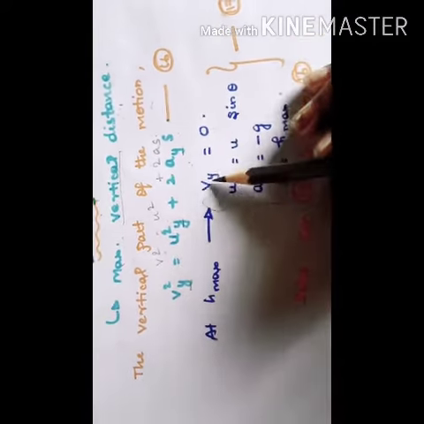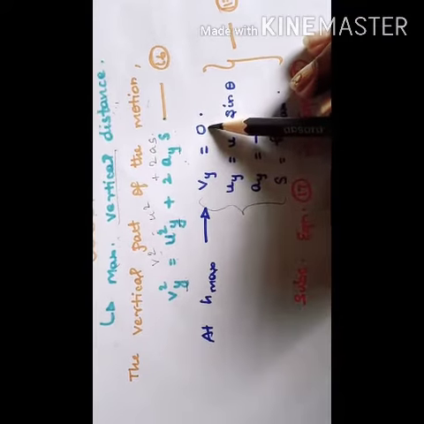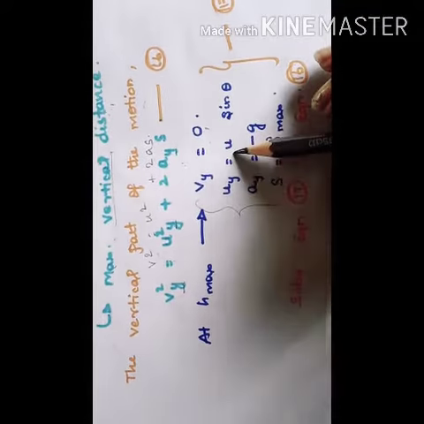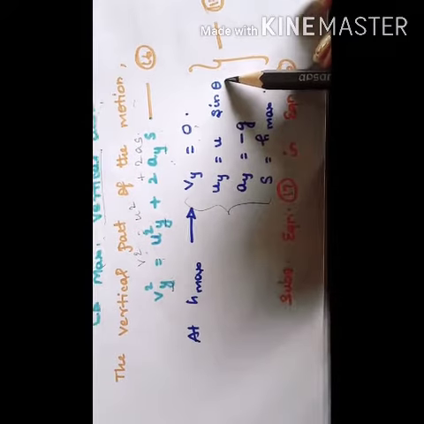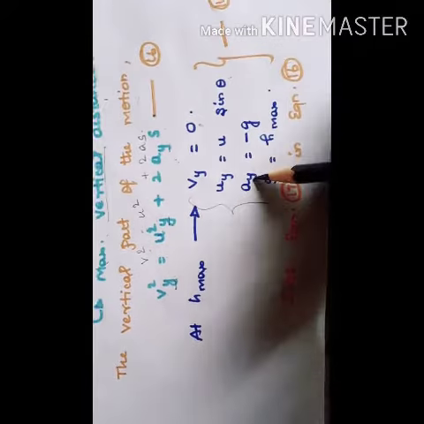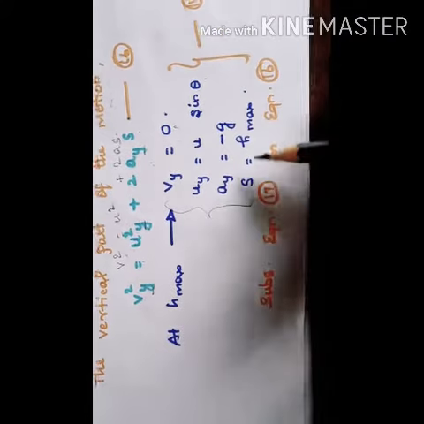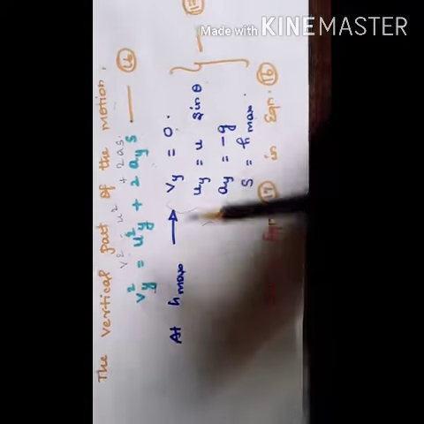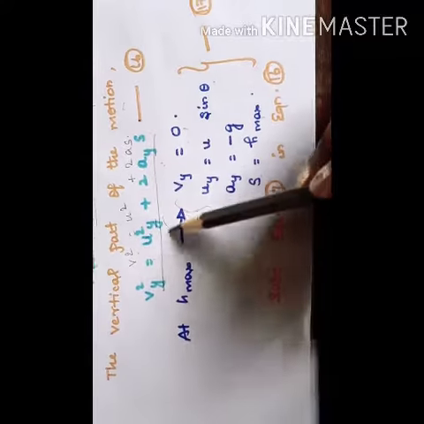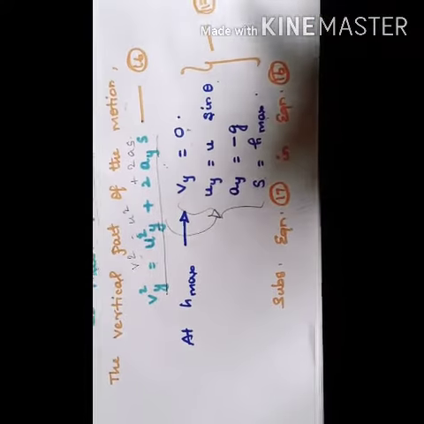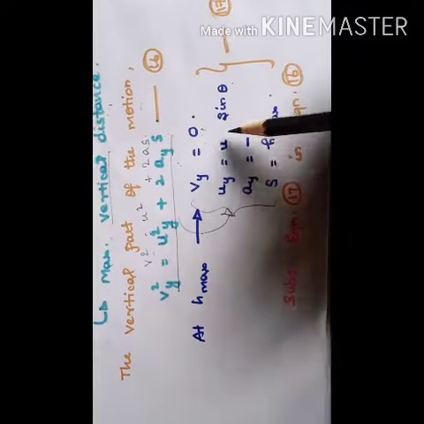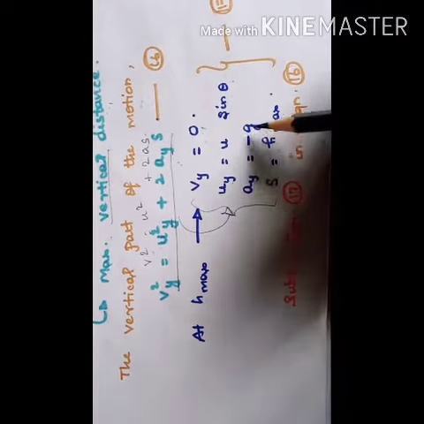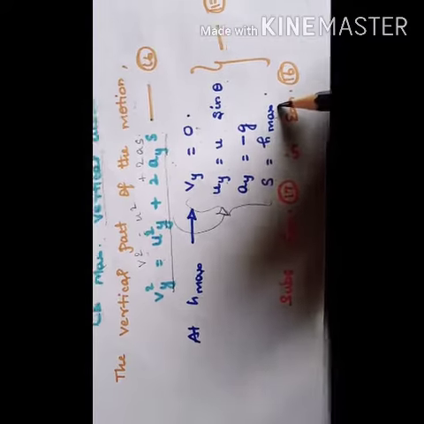Then uy is equal to u sin theta, the vertical component of the velocity, ay is equal to minus g, and s is equal to h max. Now we substitute these in the equation: vy is equal to 0, uy is equal to u sin theta, ay is equal to minus g, and s is equal to h max.